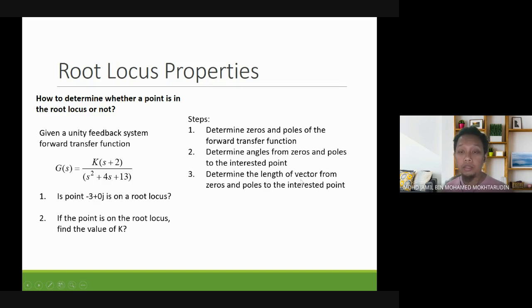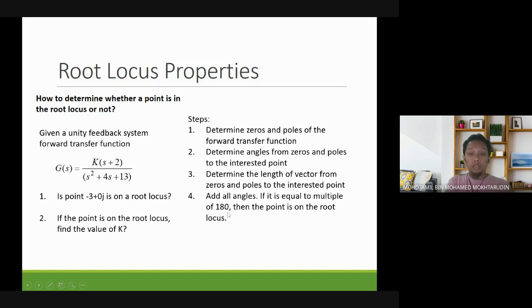Then we determine the length of the vector from the zeros and poles to this point -3. And then we add all the angles from step 2. If the sum of the angles equals a multiple of 180, then the point is on the root locus. So it is based on angles. And lastly, to determine k, we use the product of the lengths of the vectors from the poles and zero. Okay, so let's look at how we can do this.